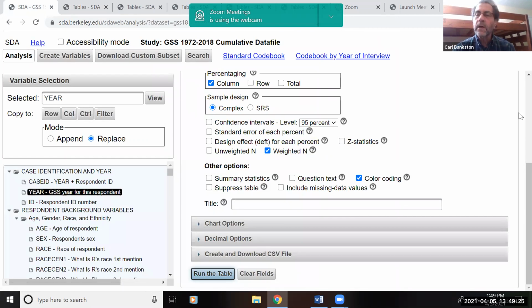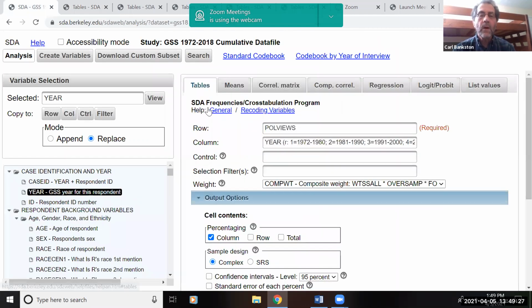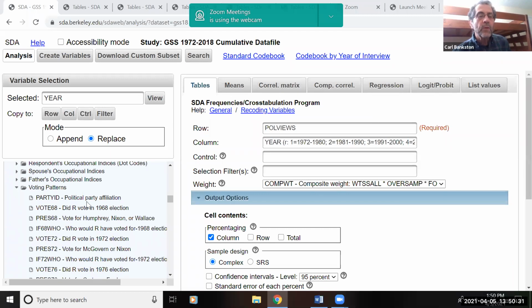Now, let's think about what kind of control might be interesting here. Let's look at political party affiliation as a control variable.